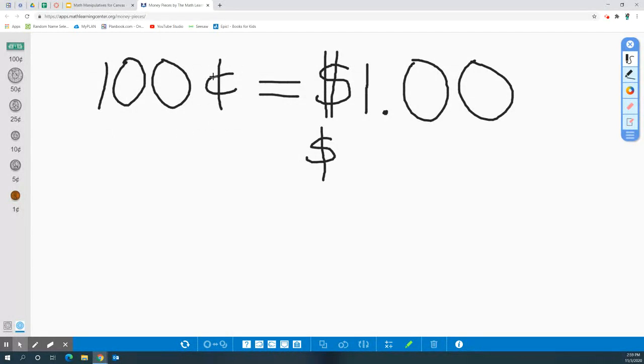And we call this right here dollar notation. Dollar notation starts with a dollar sign, and it has a decimal point between the dollars and the cents. So you're going to get lots of practice with that. We will practice more in this lesson, and we will practice in small groups.